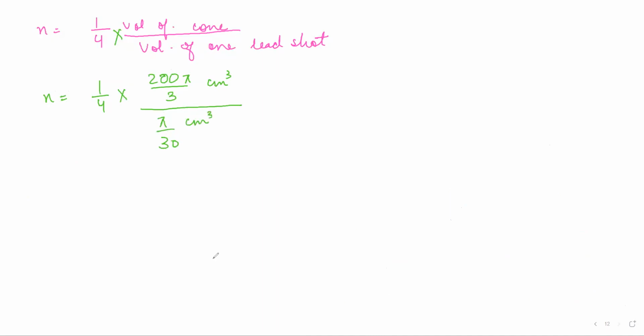Is that okay? So you can solve it like this: 1/4 into, now as you know, the outer numbers are multiplied together. So you can write it as 30 into 200 pi centimeter cube, right? Divided by, then the inner numbers will be multiplied together, so 3 into pi centimeter cube. Is that okay?